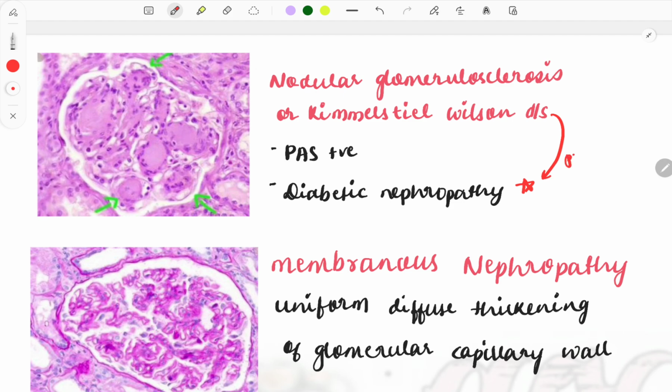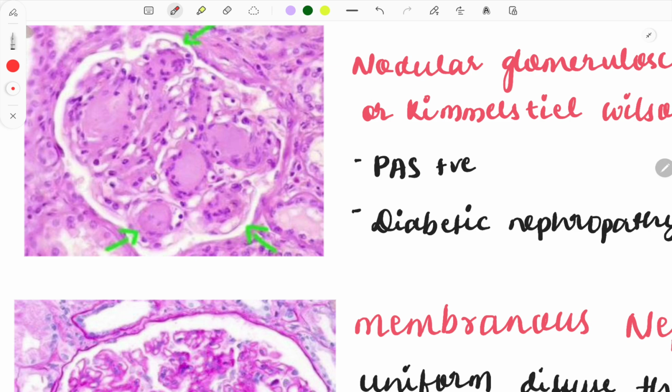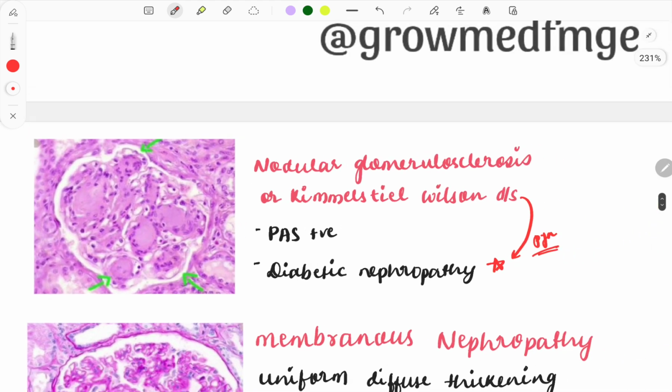Okay, so this was a PYQ asked: which of the following is a classical finding seen with diabetic nephropathy, and it was KW sclerosis. Okay, so you can see here in the image the particular nodules have undergone sclerosis, due to which it will be affecting the filtration of the kidney.